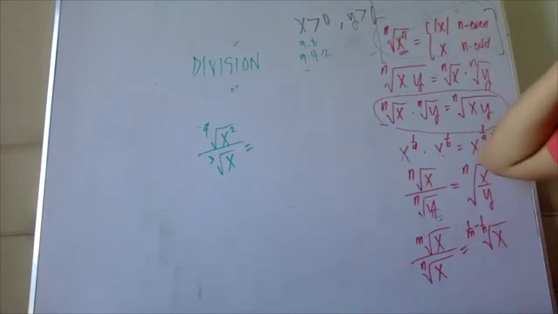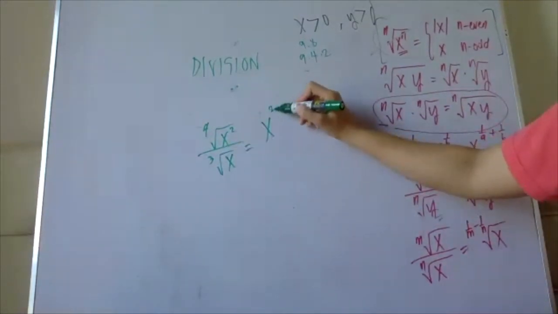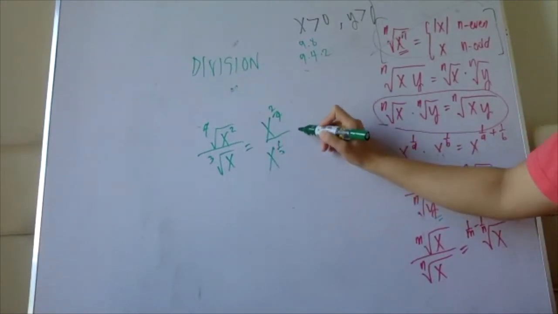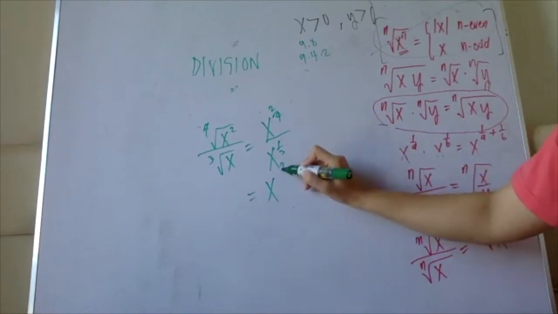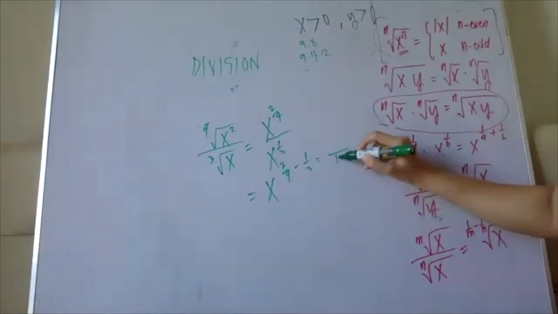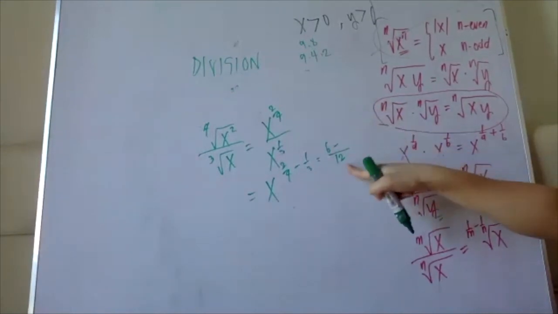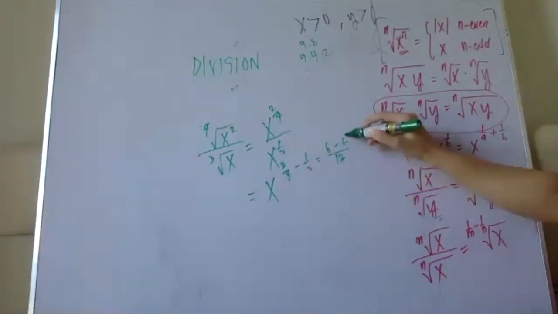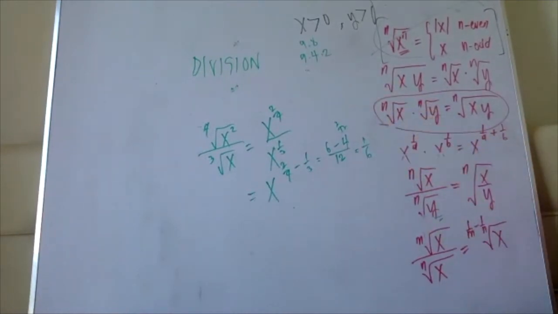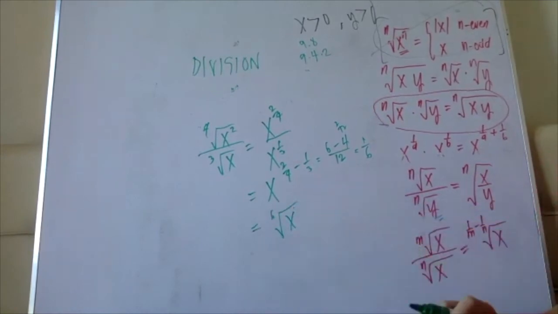Gawin muna natin. X, ito raised to 2 over 4. Ito naman, x raised to 1/3. So this is equal to x, 2 over 4 minus 1/3. LCD is 12. 12 divided by 4, 3 times 2, that's equal to 6. Minus 12 divided by 3, that's 4 times 1. Or 2 over 12 or 1 over 6. So our answer here is 6th root of x.